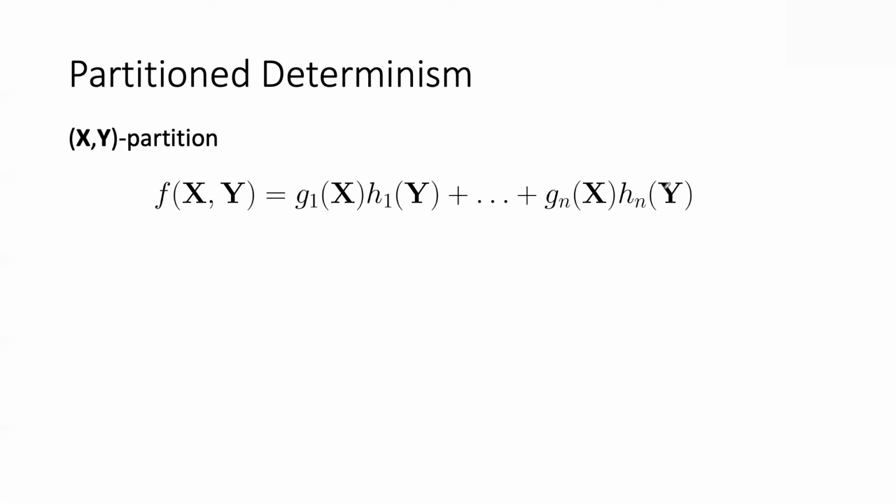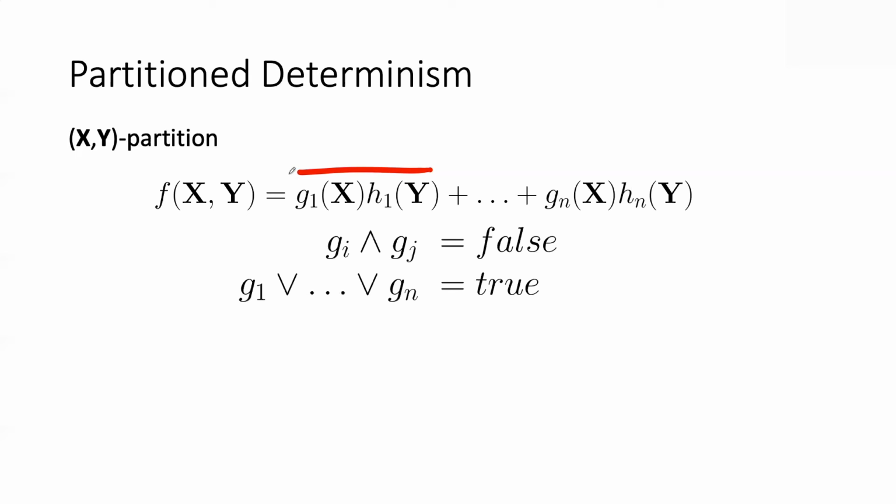Now, if you remember what determinism said, I want each one of these, like this one and every other one, to be mutually exclusive. We're going to have that, but we're going to do it in a stronger way. I'm going to insist that these G's, G1, G2, G3, and so on, be mutually exclusive and exhaustive. Now, the fact that they're mutually exclusive, if you take any pair of them and they are equal to false, that already gives you determinism, right?